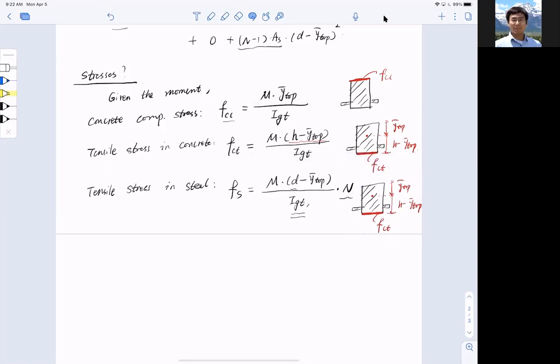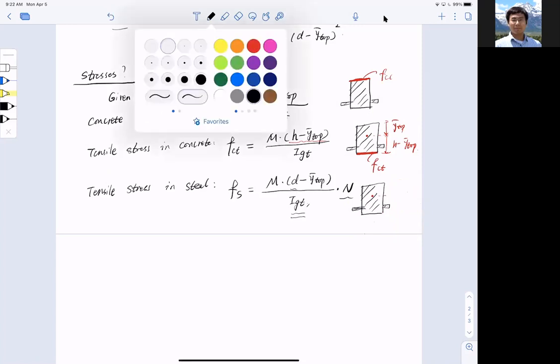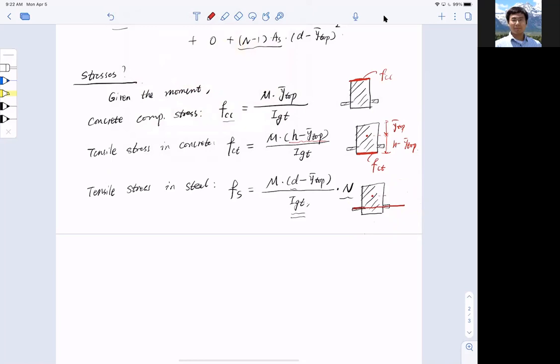For steel, it's no longer at the bottom. It's right at the level of the reinforcement, and the distance here is d minus y top. But don't forget, when you calculate stress in the composite section, you use the composite section moment of inertia, but multiply back the modular ratio. So this is steel.